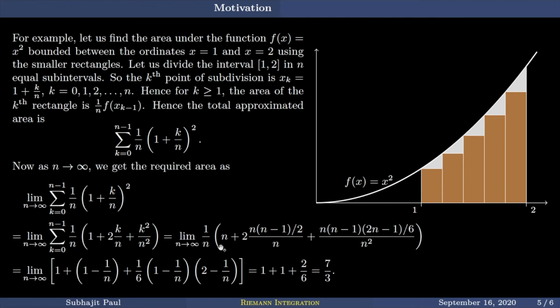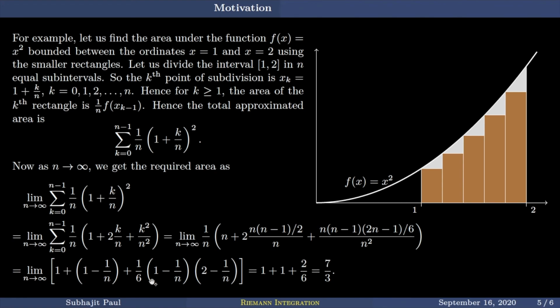Now this n you take out, this n you push inside, so you get n into n, that is 1 over n times n, that is 1. Then you get this thing. So 2 cancels, this n cancels. If you divide both of n minus 1 by n, you will get 1 minus 1 by n.